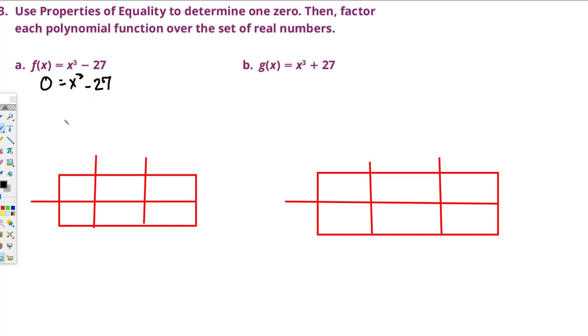What do I need to do to solve this? Add 27. So 27 is equal to x cubed. So that means some number times itself 3 times is 27. So in other words, what is the cube root of 27?